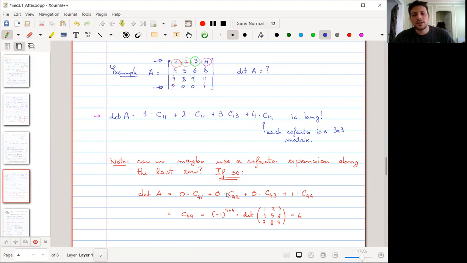So the only term that I would have to compute would be my last cofactor, C44.